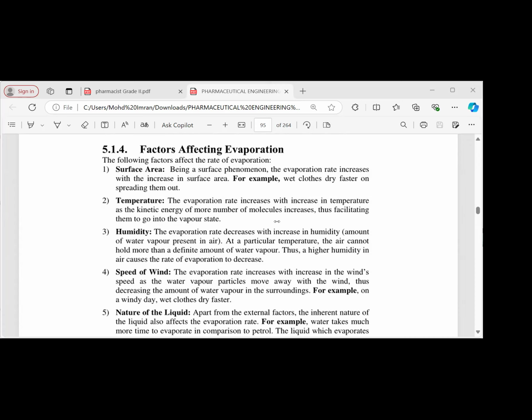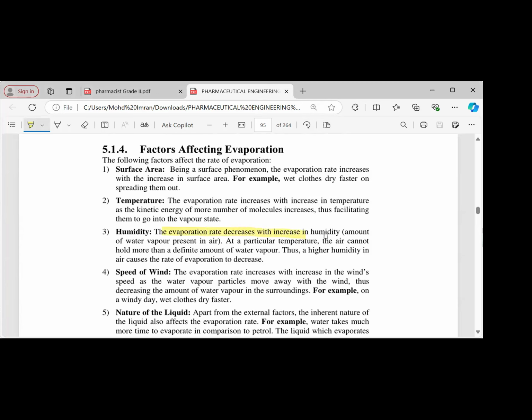Next, temperature. The temperature used is also an important factor, and it also affects the rate of evaporation. So the increase in temperature also plays a vital role. Next, presence of humidity. Generally evaporation decreases with increase in humidity. So this factor you should remember.